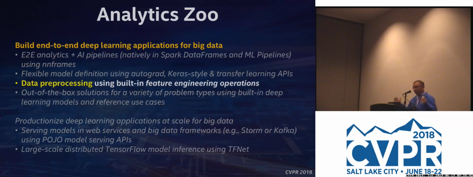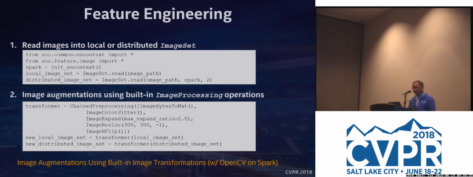In addition to building a model, the end-to-end pipeline also involves a lot of feature engineering operations, and you can do that actually. NNFrames provides a lot of built-in image transformation operations, which essentially run OpenCV in parallel on Spark.